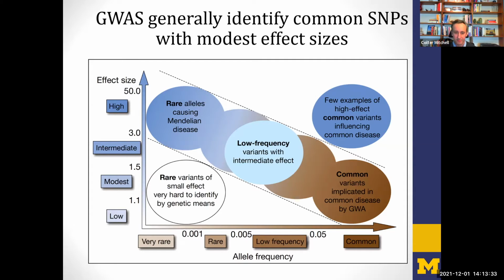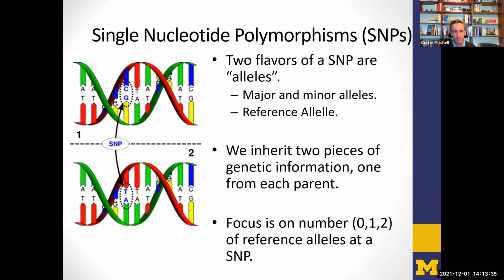So coming back to the single nucleotide polymorphism, we have 2 flavors of these SNPs. They're called alleles. One is the major, one is the minor. So the C or the G, the reason why they're determined to be major or minor is usually what population they're more common in. So which one is more common is usually the major, the minor is the less common one.